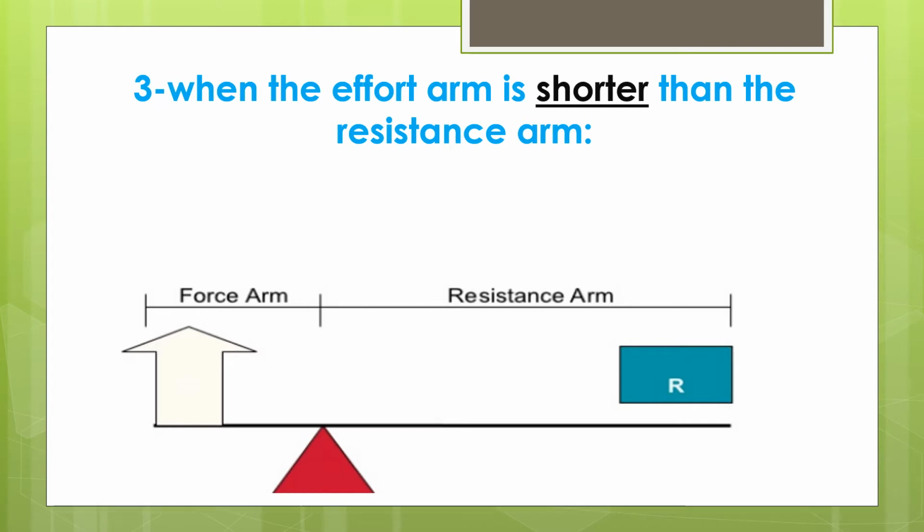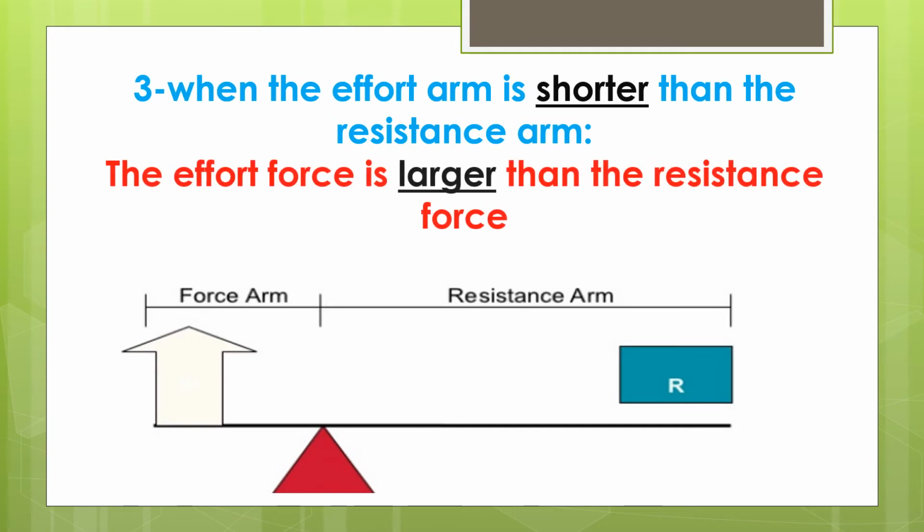So according to the inverse relation between the force and its arm, the effort force here is larger. So for sure, the effort force exerted by the person will be larger than the resistance force. Again, when the effort arm is shorter than the resistance arm, the effort force is larger than the resistance force.